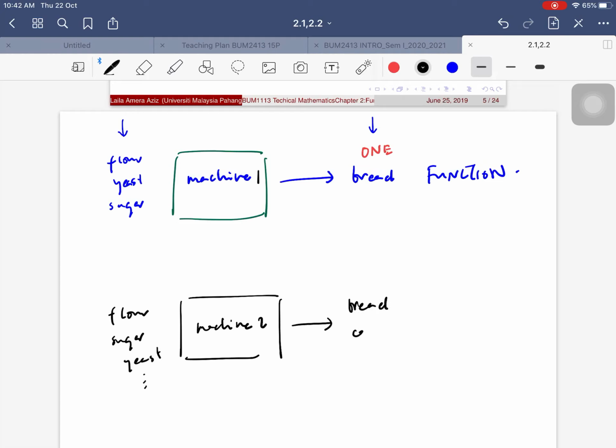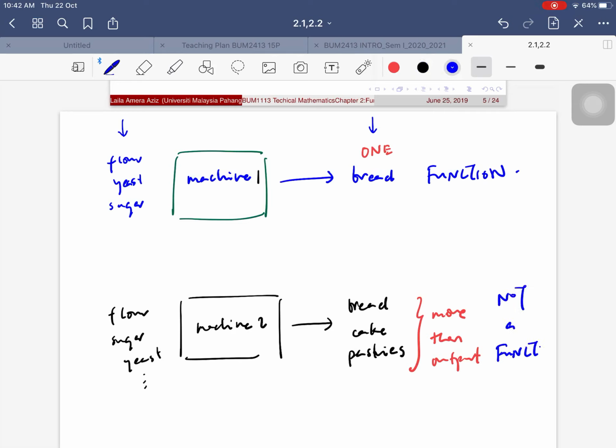It can also produce cake. It can also produce pastries. So instead of producing only one answer, it can produce more than one output. For this case, this machine is not a function.